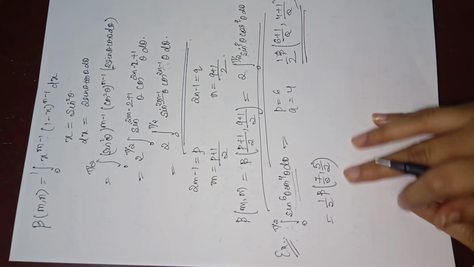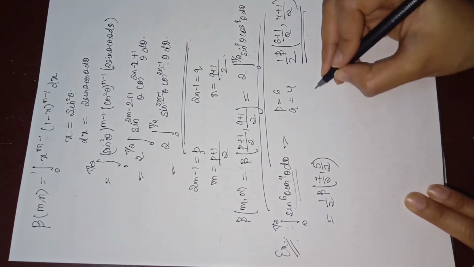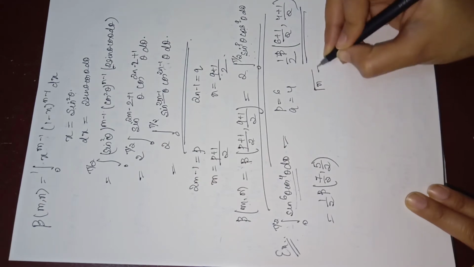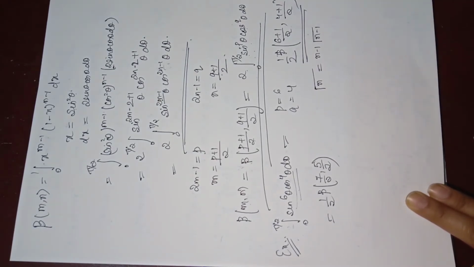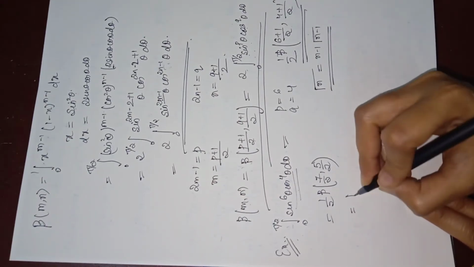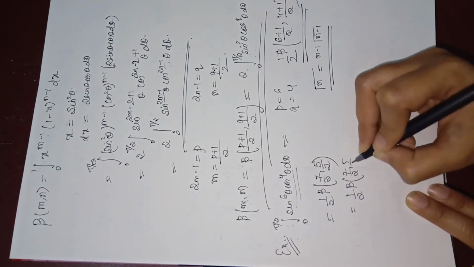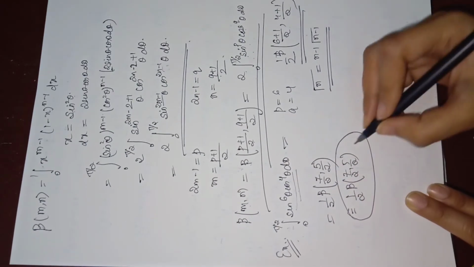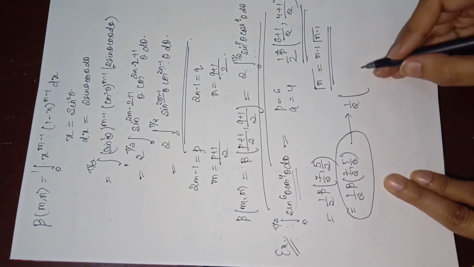Now suppose the option is not given in this form, we can convert it into gamma and then into factorial. We know this property of gamma: gamma n is n minus 1 gamma n minus 1, so one step we reduce. Let me put it in terms of gamma.